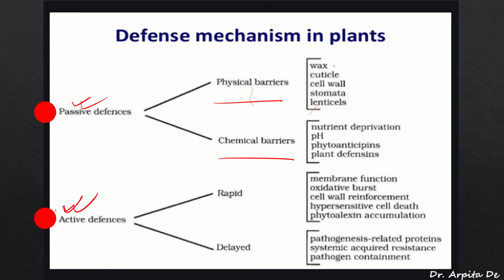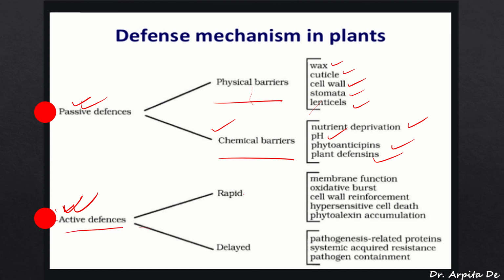In physical barriers, we have wax, the cuticular layer that's present outside the cell wall itself, then stomata, lenticels; all these are physical barriers. What are chemical barriers? They are nutrient deprivation, pH, phytoanticipins, and plant defenses.